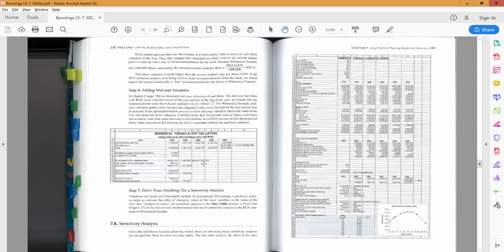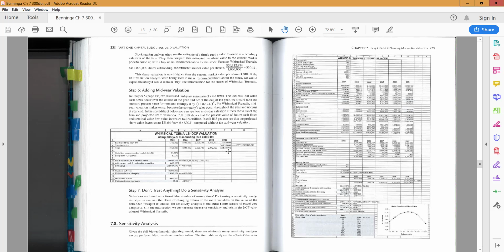And what that does is that increases it by WACC growth rate for 1/2 year. And so instead of this value being fully discounted, it got fully discounted for a year, and now it got inflated again for half a year at the WACC rate. And that's his way of reflecting that each of these is occurring at the middle of the year instead of at the end of the year.